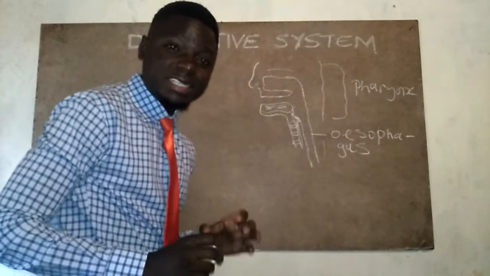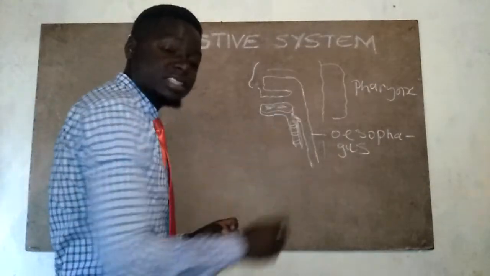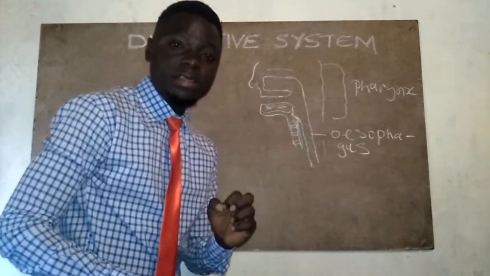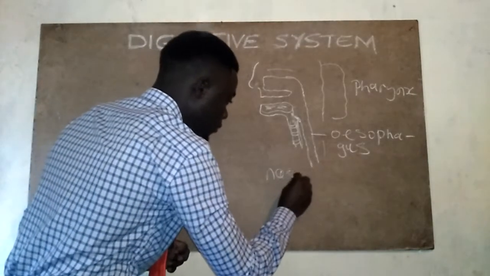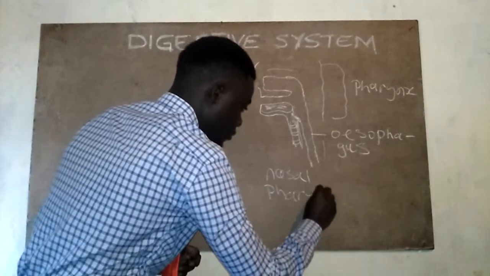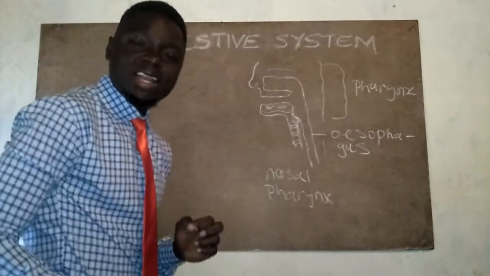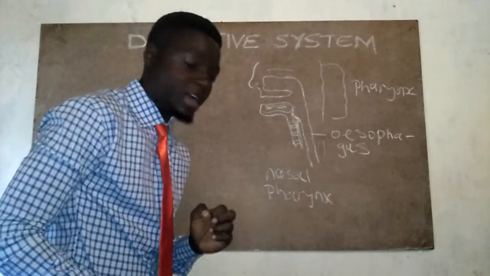And the pharynx is divided into three main stages. At the level of the nasal cavity, it is the nasopharynx. At the level of the mouth, at the back of the mouth, it is called the oropharynx.